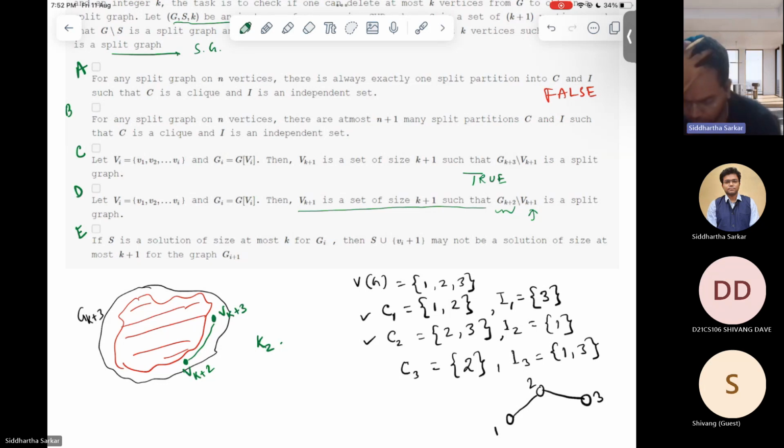Okay, so what does this mean? So probably it means that, by definition, V k plus 1 is the set of the first I plus k plus 1 vertices in the ordering. So there is an ordering which has been fixed.